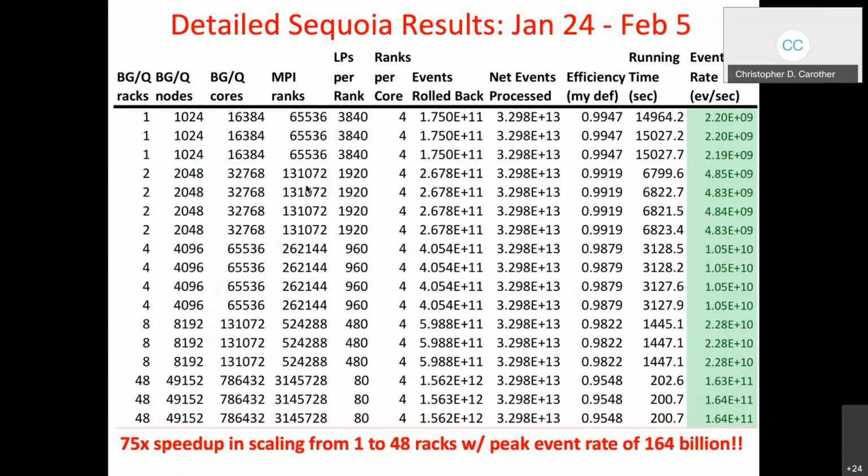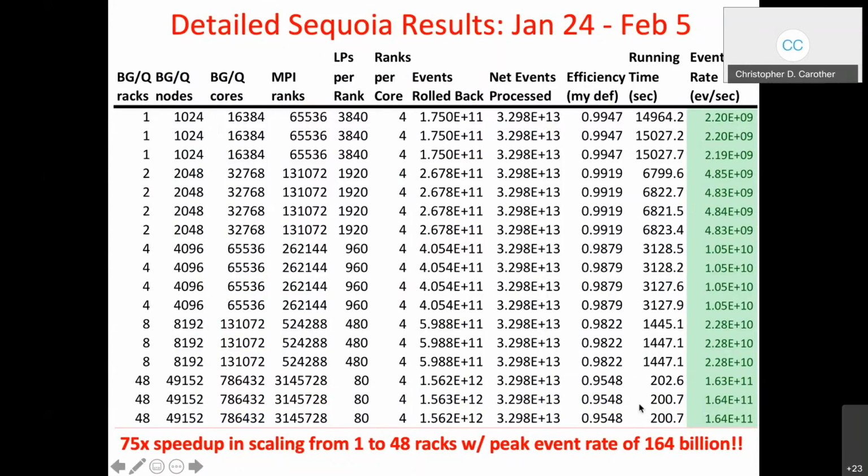But as we scale up to 48 racks, that turns into 200 seconds, and we're seeing somewhere around 163 billion events per second, so 164 almost, from 1 to 48 rack scaling. That was just a tremendous performance improvement in scaling that we had never seen.